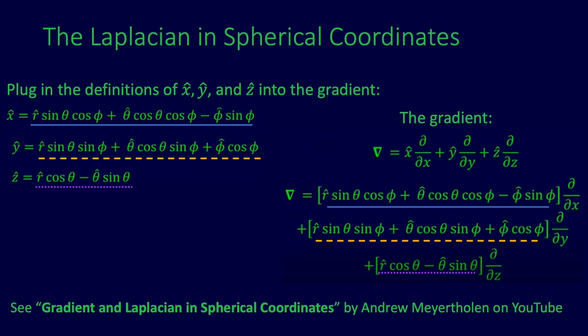So I won't go through every step of the derivation of the Laplacian in spherical coordinates, though I do encourage you to do that. But just to give you some flavor of where the Laplacian is coming from in spherical coordinates, start on the left side of the screen and notice how in each case we have x hat, y hat, and z hat. And in each of these cases, note that it is possible to define each of the unit vectors, x hat, y hat, and z hat, in terms of only spherical coordinates.